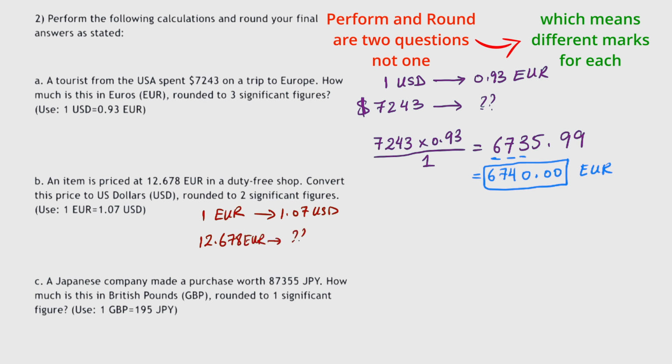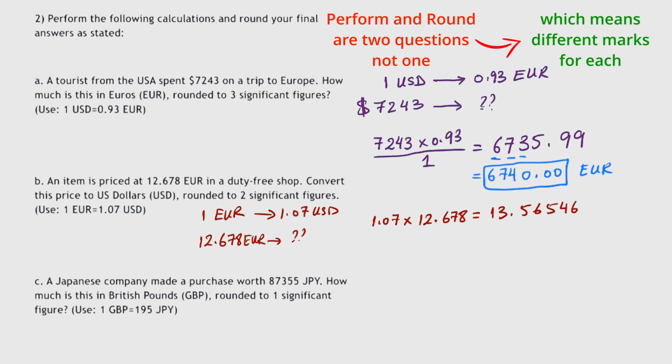So again, applying the same method, we're going to get 1.07 multiplied by 12.678, and using a calculator, we have 1.07 times 12.678. This will give us 13.56546.